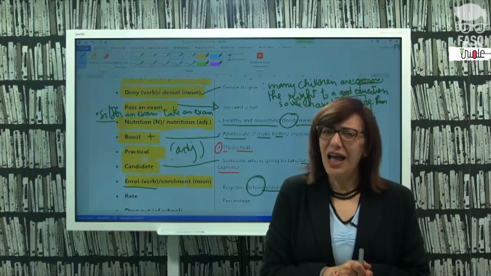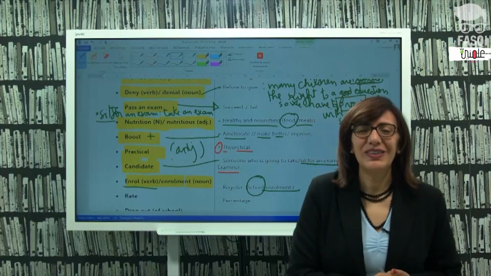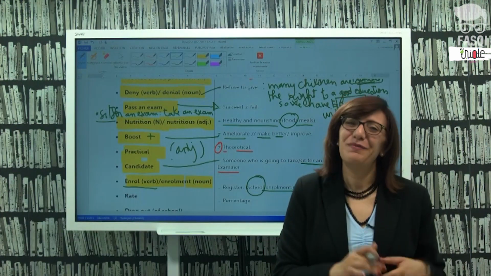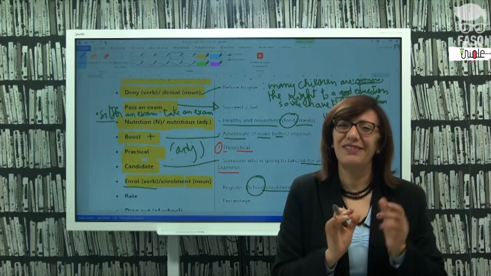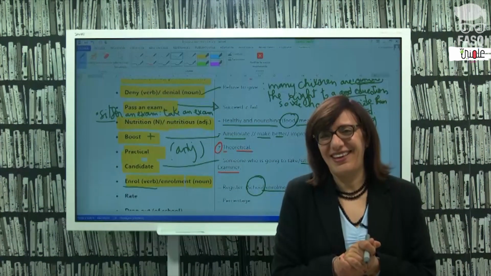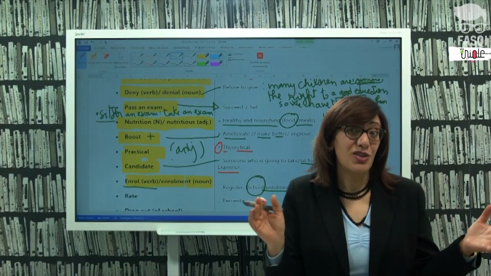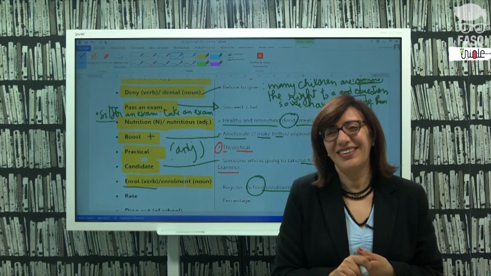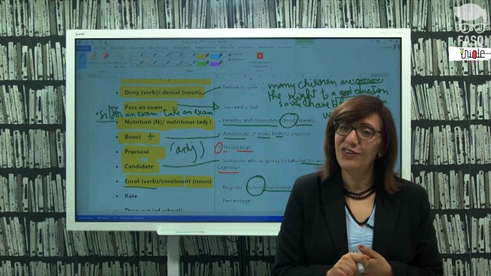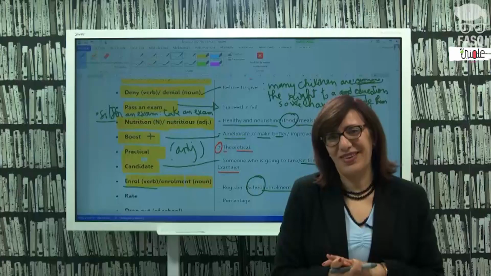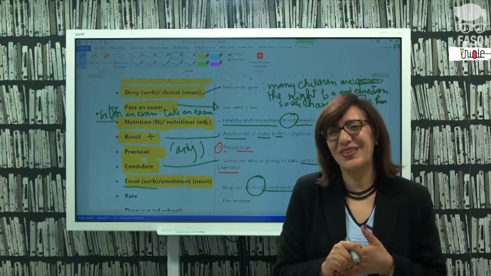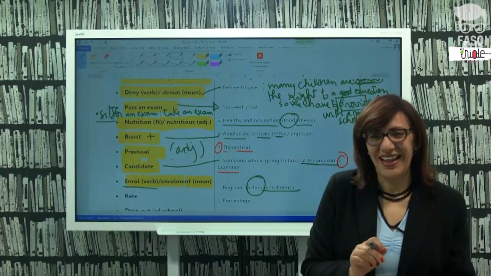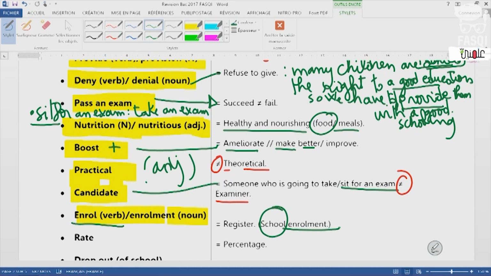You may wonder, sometimes you're going to come across it with a double L. It doesn't matter. There is British English and American English spelling. Sometimes there is a small difference in spelling words, so don't say it's wrong. Double L or one L. Enrollment is the noun form, the fact of making your registration in order to join school. That's a new word as well. Okay, good.